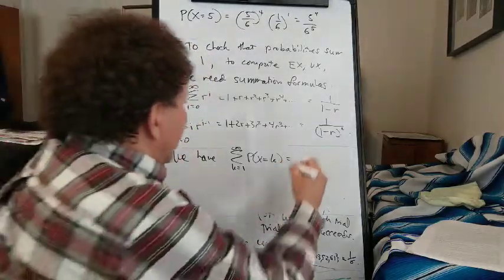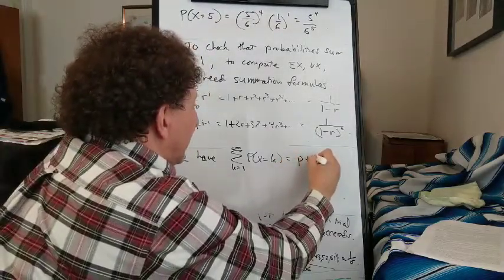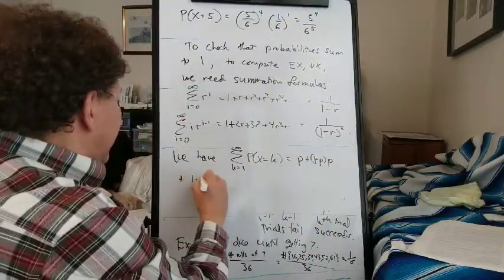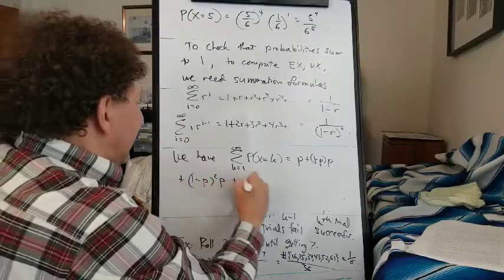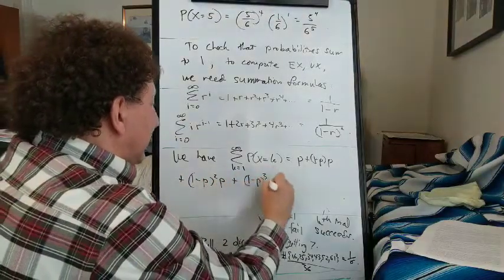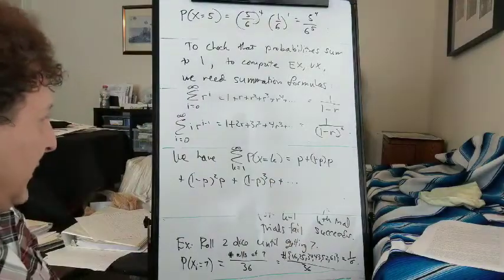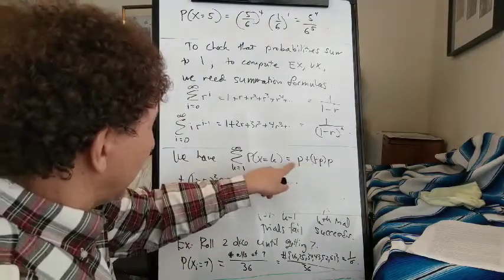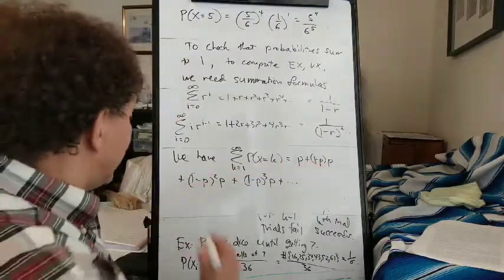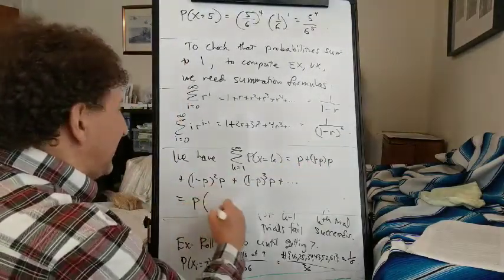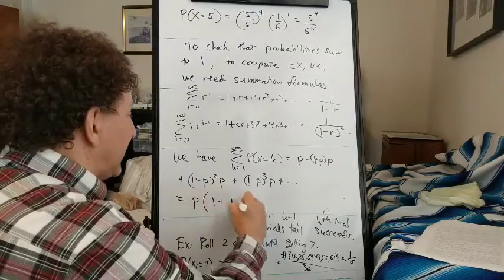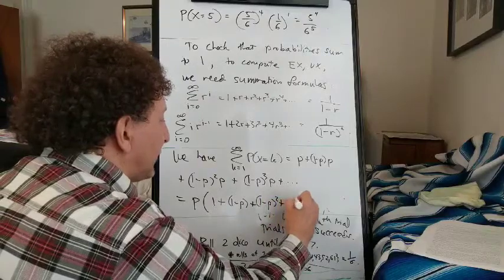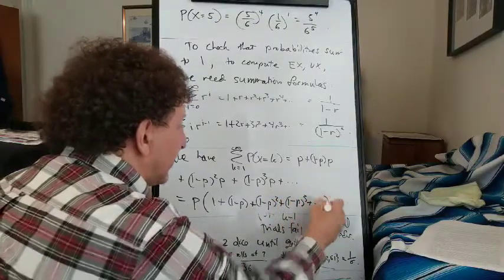So we succeed the first time, fail and then succeed, fail twice and then succeed, fail 3 times and then succeed. So this looks like a sum of powers of 1 minus p, except that we have a factor of p everywhere. So we can factor that out. So this is p times 1 plus (1 minus p) plus (1 minus p) squared plus (1 minus p) cubed, etc.